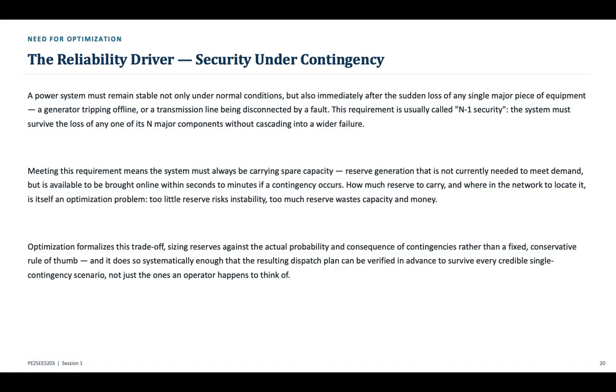Then comes the reliability driver, security under contingency. You are concentrated on the last three, that is the economic driver, the technical driver, and the environmental driver, and you have set a point where you are generating the power now. If the load goes up, is your economic setting in a position to compensate for the exceeded load?